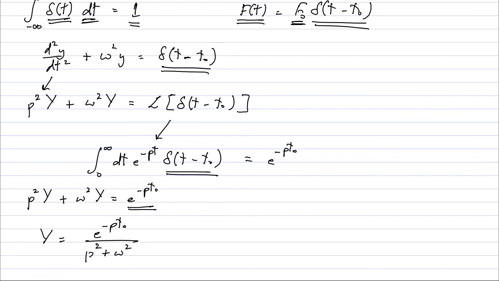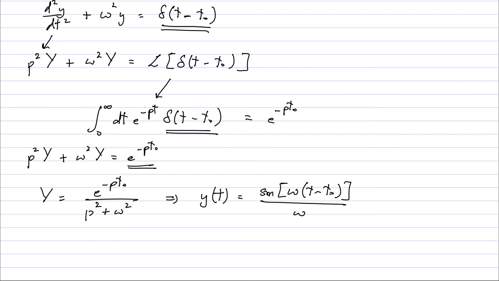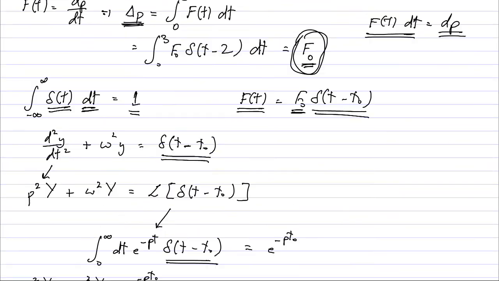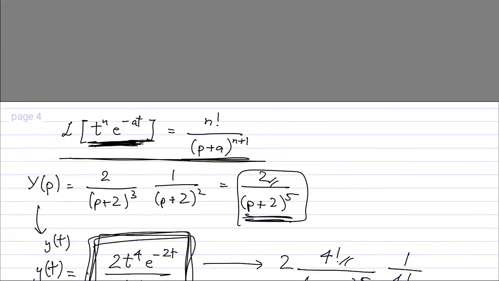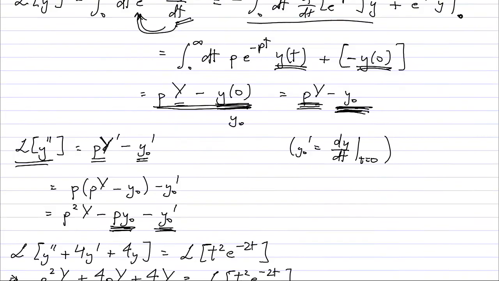Okay, and you can check that the inverse Laplace transform is simply sine of omega (t minus t naught) divided by omega. You can immediately see the sine, because remember we did the Laplace transform of a sine way back.